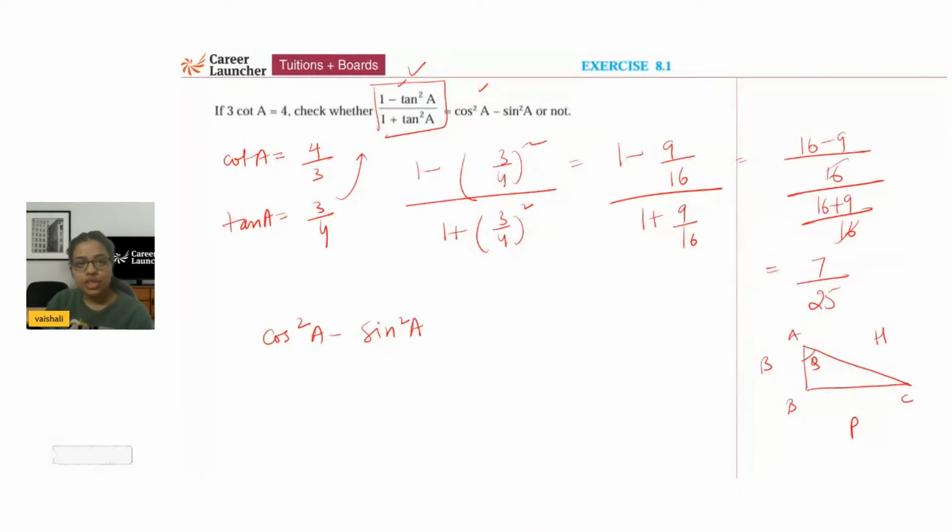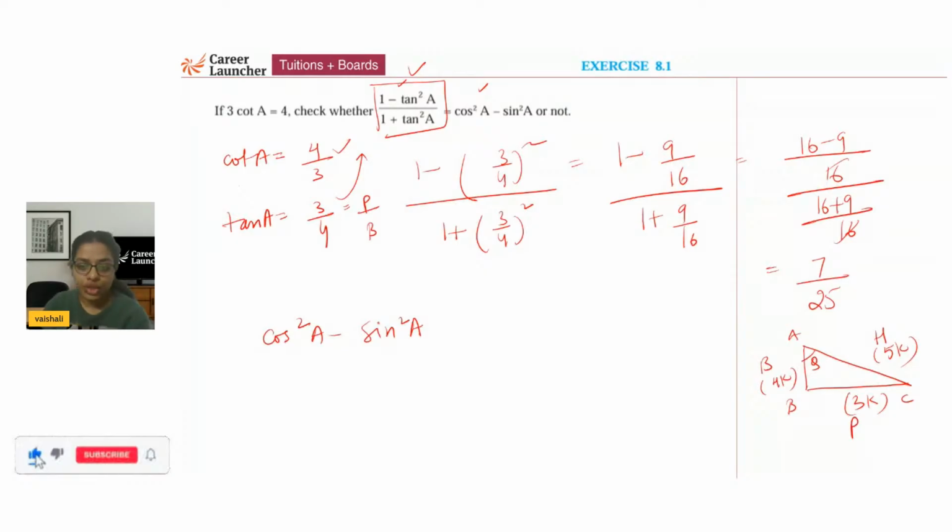So cot is basically base upon perpendicular, so it means my base is what? Yes, and we can also take my perpendicular as 3, some 3k for instance. My base is some 4k and my hypotenuse will be some 5k.